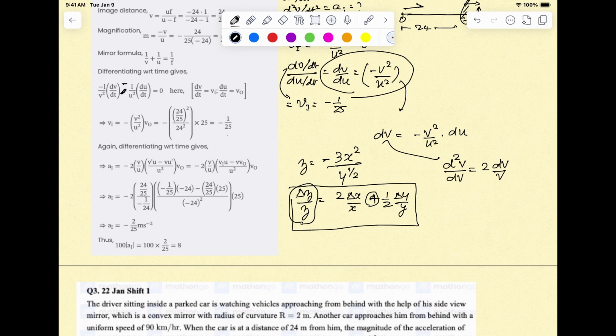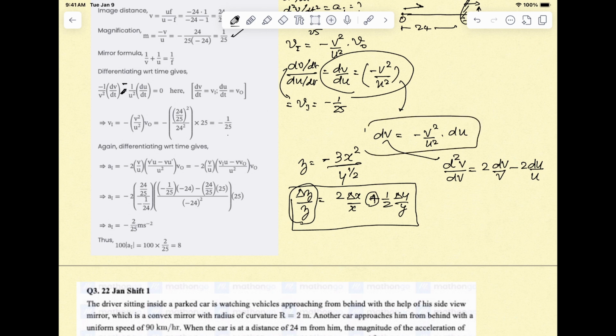Whether it is in the denominator also, we are only adding up the fractional error. Here there is going to be a difference: if it is in the denominator, this is going to be minus 2 du by u.